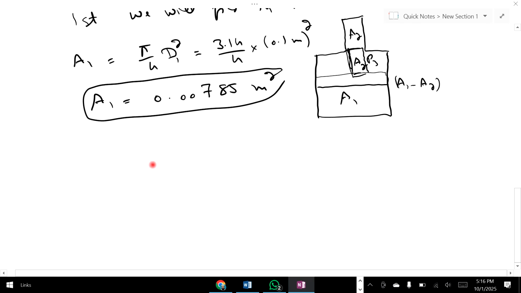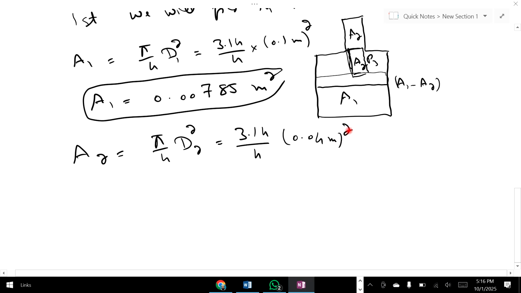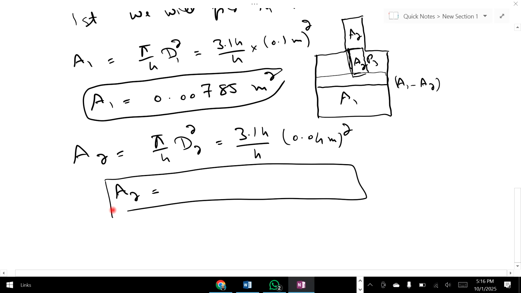A2 is equal to pi by 4 D2 squared, which is 3.14 divided by 4 into 0.04 meter whole squared. So A2 will be equal to 0.001256 square meter.